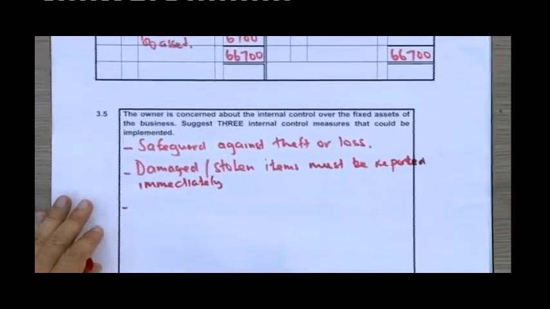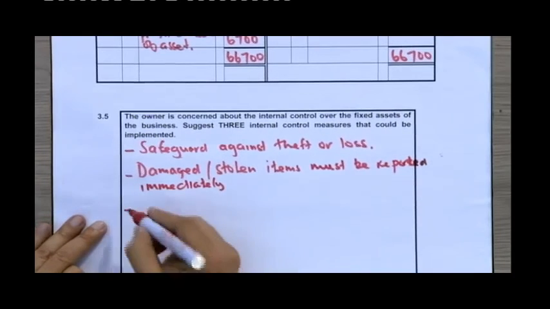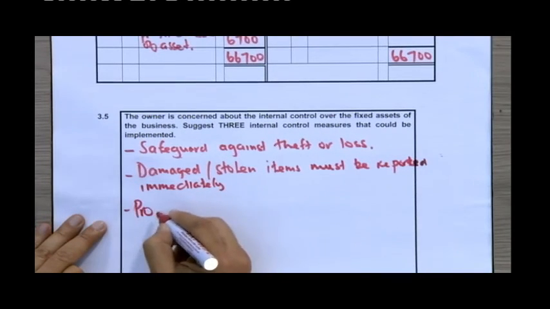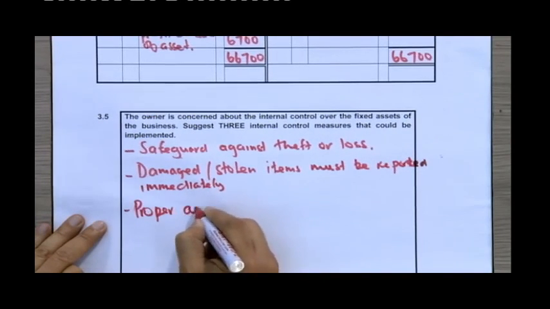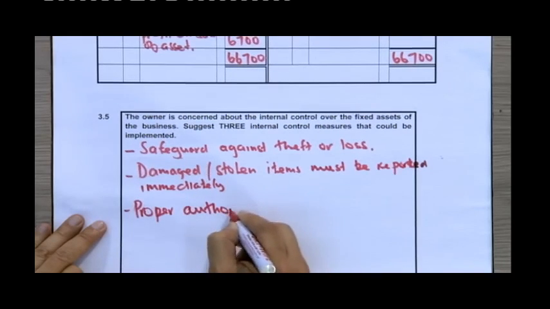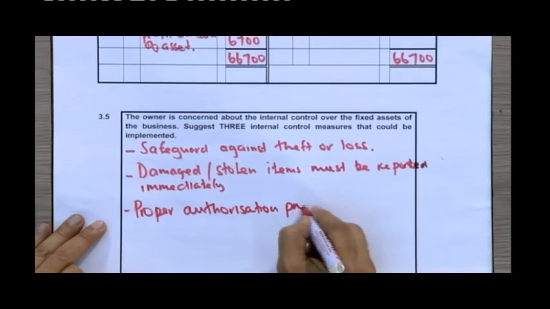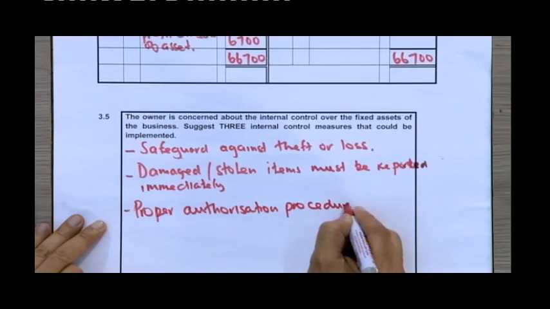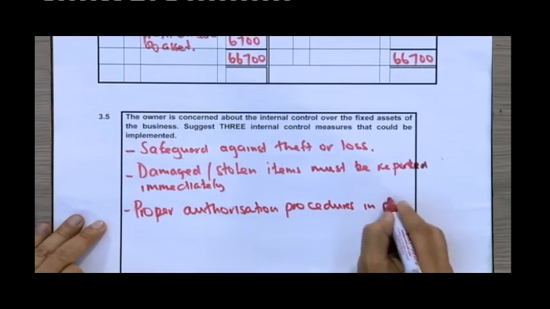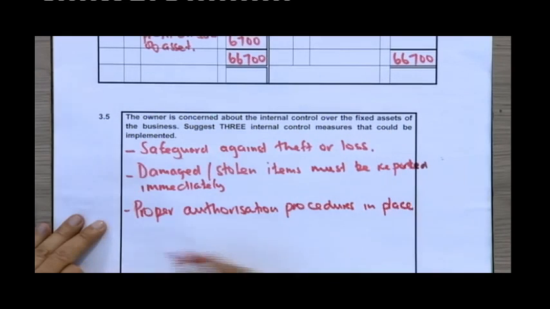Right, the third internal control measure is that we must make sure that there are proper authorization procedures in place. In other words, we must make sure that the people are properly authorized to use the fixed assets.